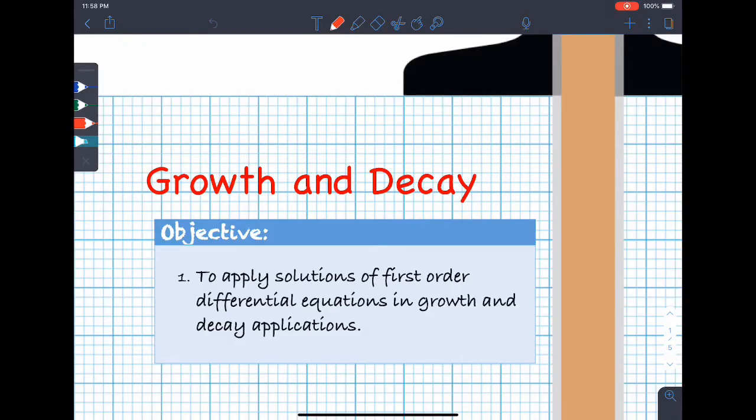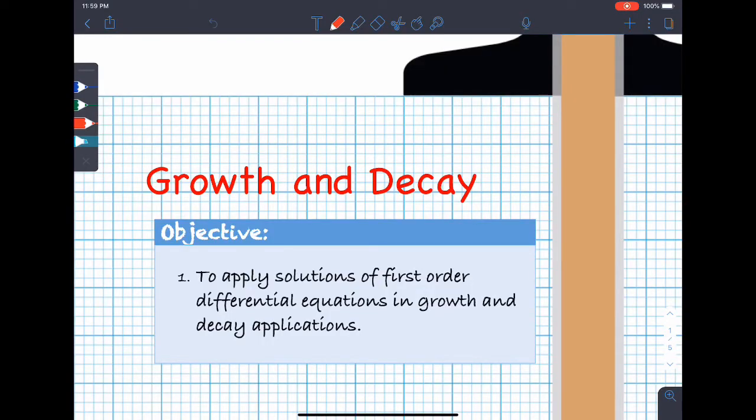There are different problems that we could solve using the principles of differential equations, and those problems are related to growth and decay. An example of growth is if we want to determine the growth of a certain population over a period of time.